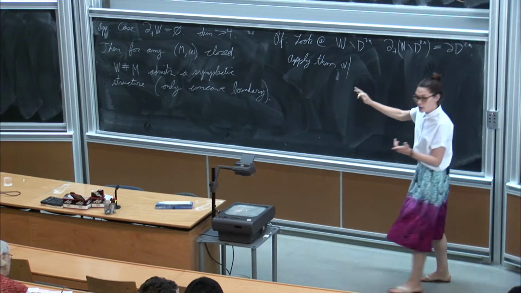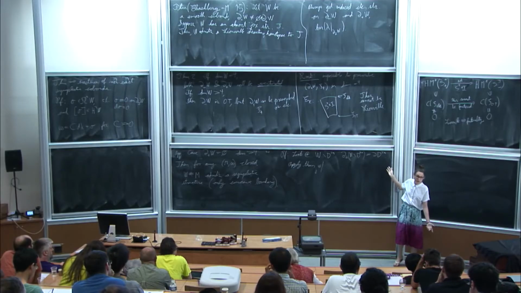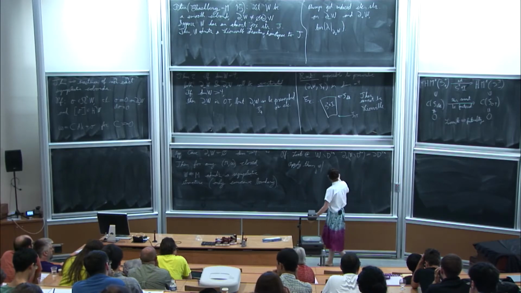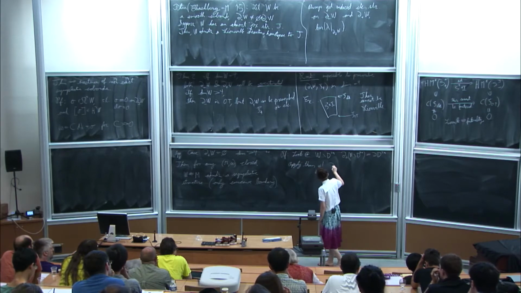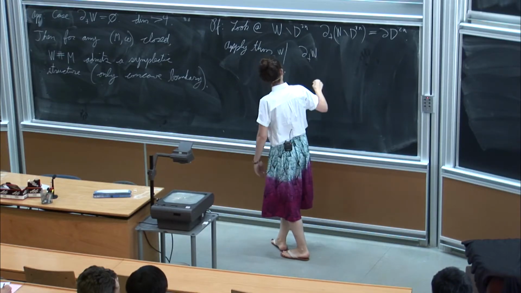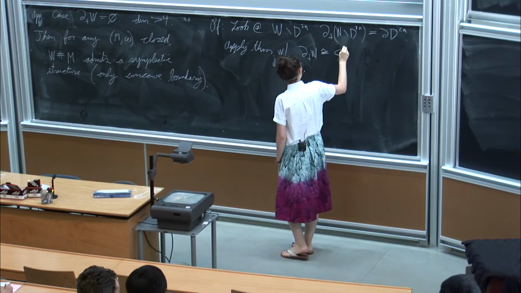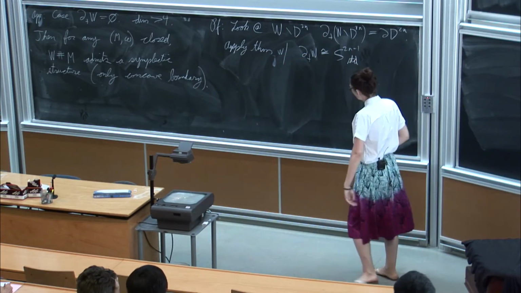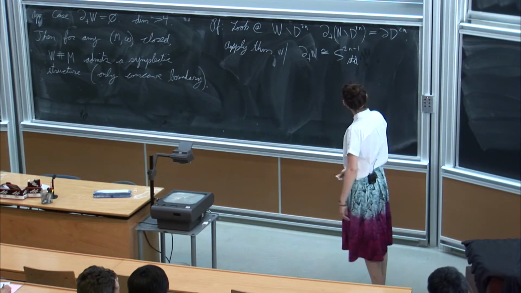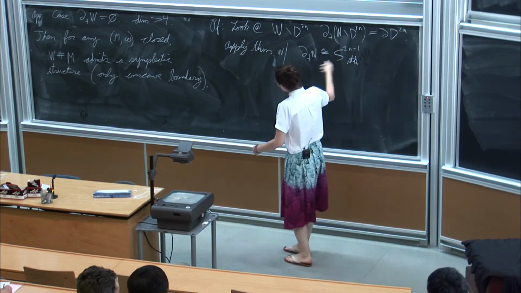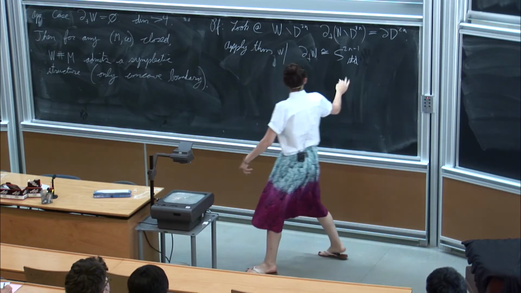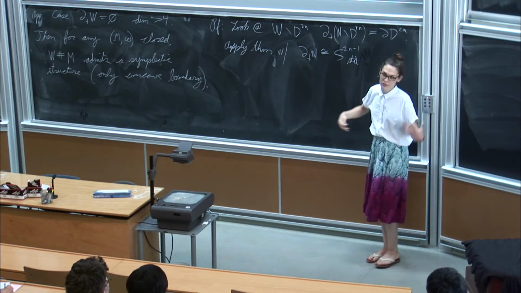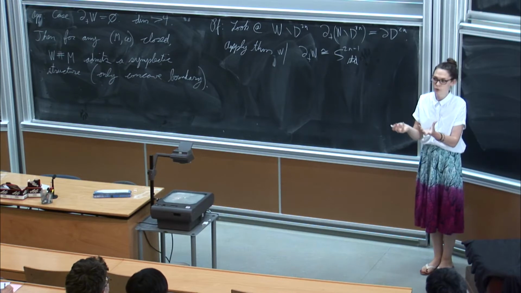And now since I'm in high dimensions, I get to prescribe this contact structure, right? So I'm going to prescribe it to be the standard sphere. And now, I can think of the standard sphere as being just the boundary of a Darboux chart.